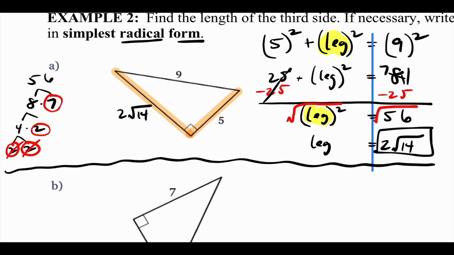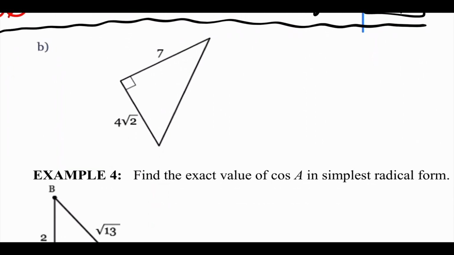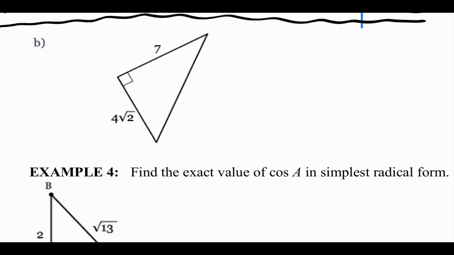All right, so let's look at letter B now. Letter B, find the missing side again. Is it a leg or is it a hypotenuse? My two legs are here and here. My hypotenuse is right here, so I'm missing a hypotenuse.